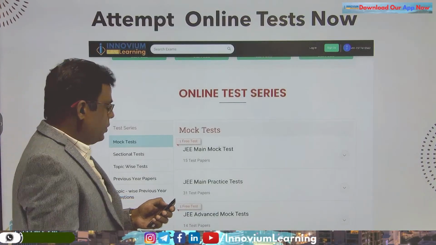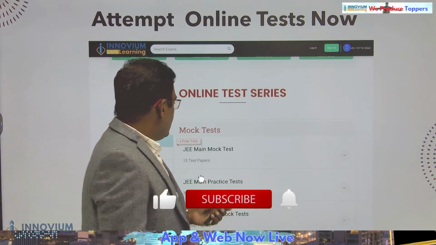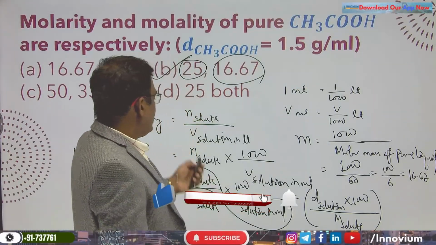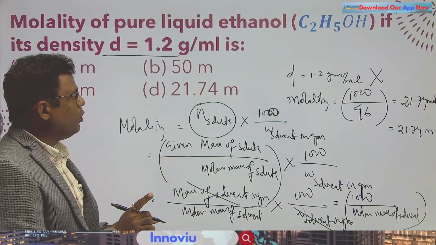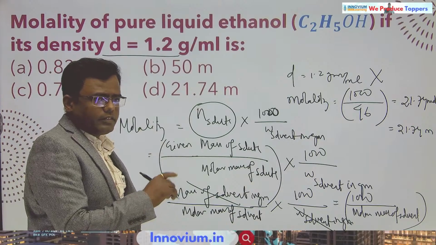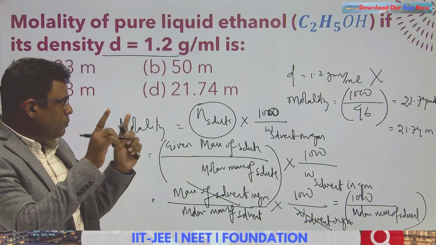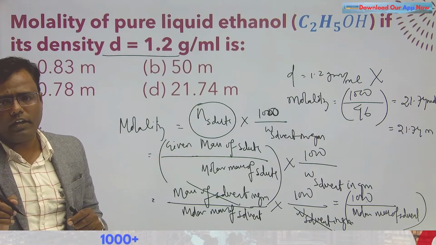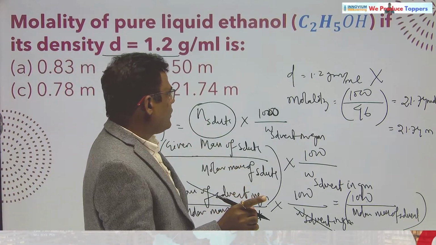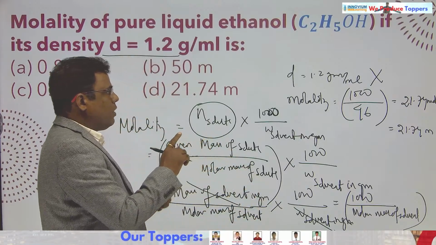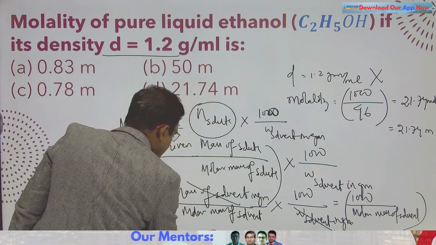So with this we finished all the questions of today's class. Now one more concept I would like to discuss, based on the comparison of molarity and molality. In the previous class I discussed the expression relating molarity with molality, and based on that expression we'll discuss a comparison between molarity and molality.